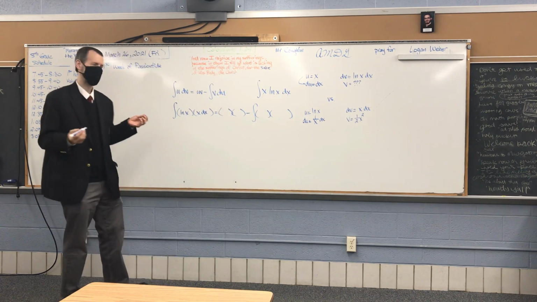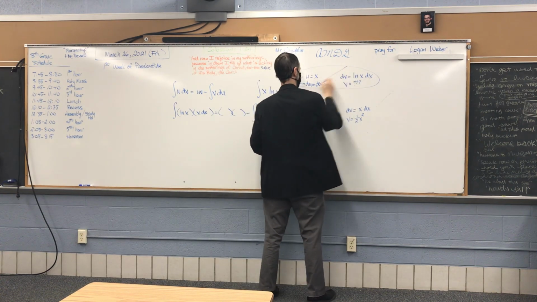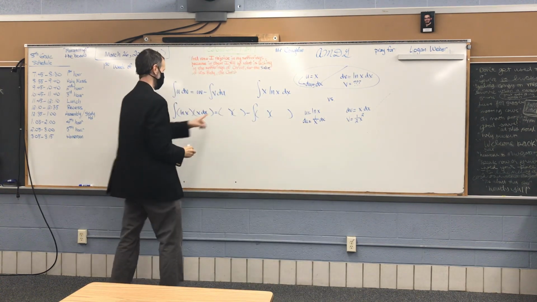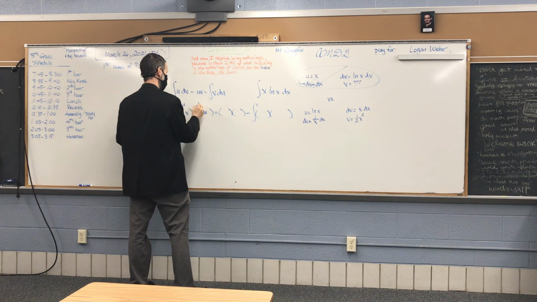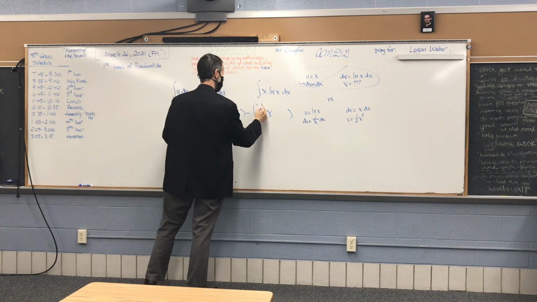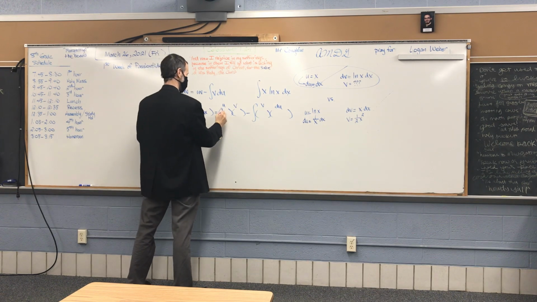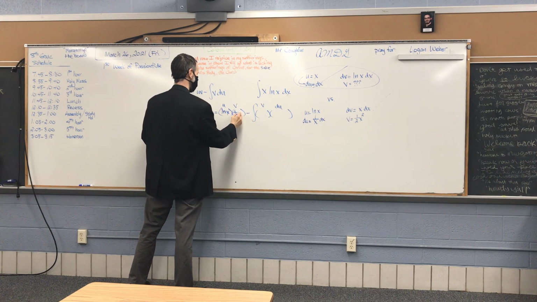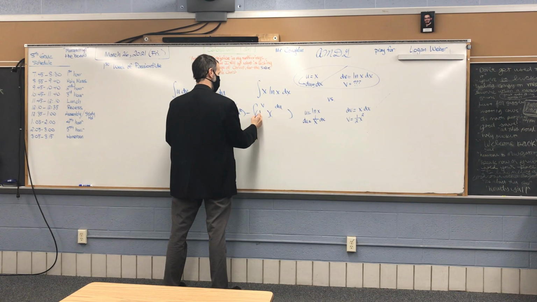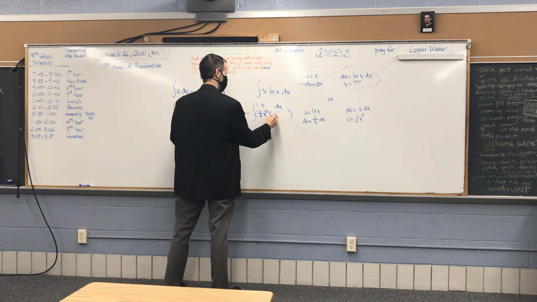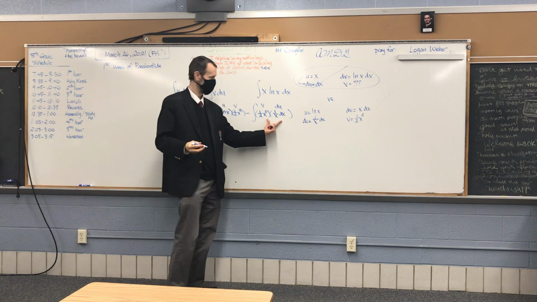So fill in the relevant parts: ln of x times 1/2 x squared, minus the integral of v du, which is 1/2 x squared times 1 over x dx. And this actually simplifies a little bit.